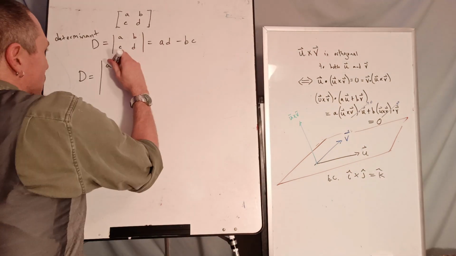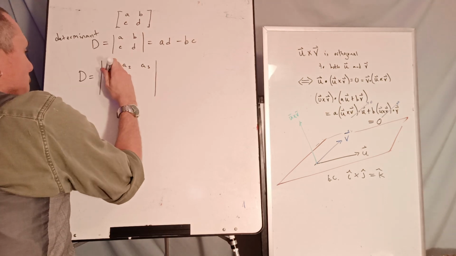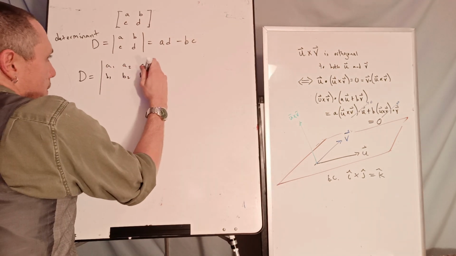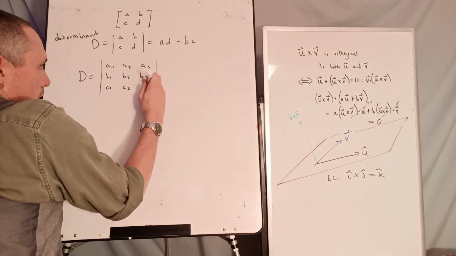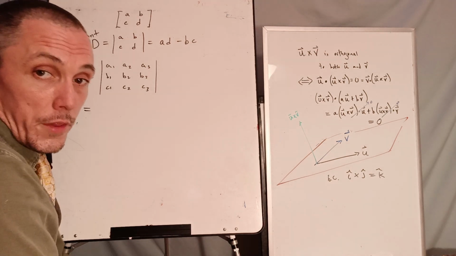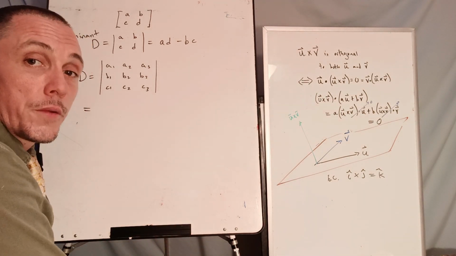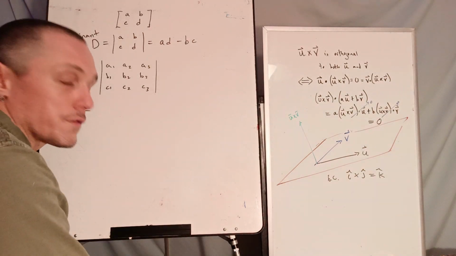Let's say I have A1, A2, A3 as one row, B1, B2, B3 as another row, and C1, C2, C3 as a third row. Now, you probably know many formulas for the determinant. And if you like the slanted diagonals minus the backward slanted diagonals, fine.